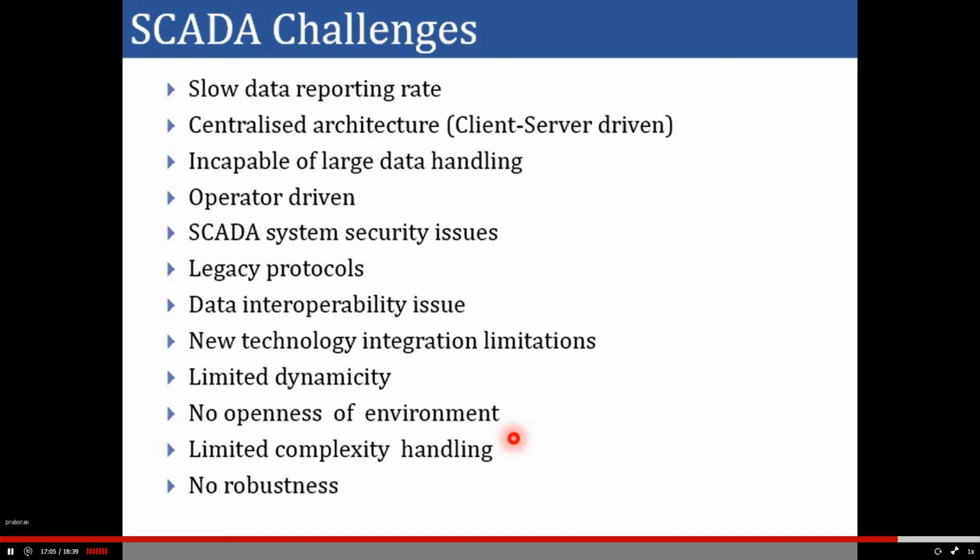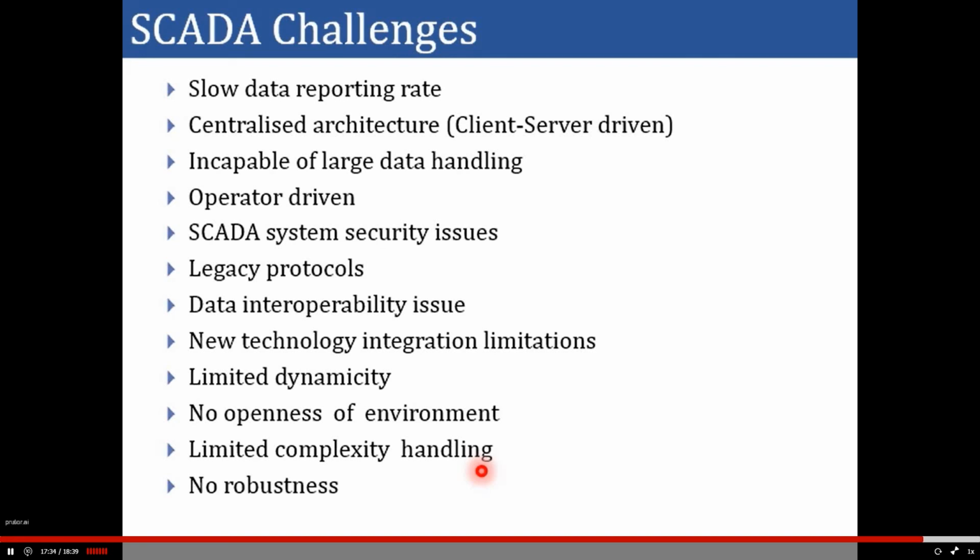We have to take care of a lot of operation technology related limitations. That's why the system is not flexible as per the latest IT trends which we have in our information technology space.